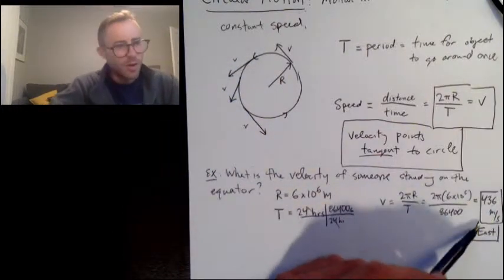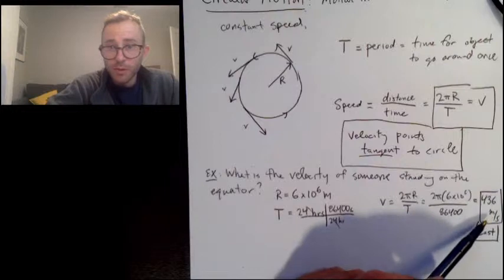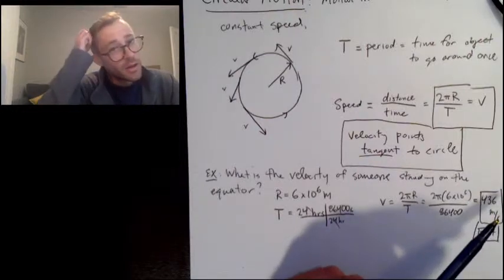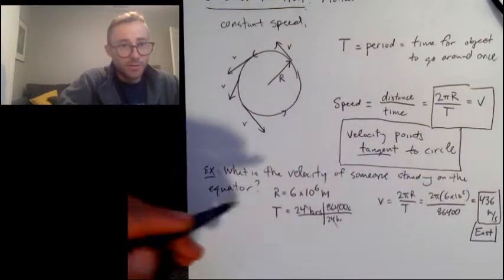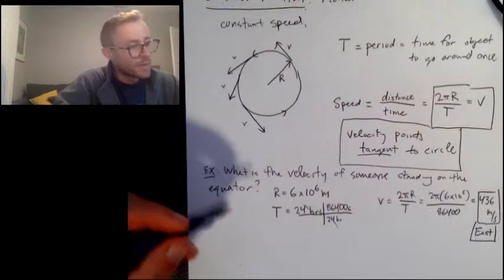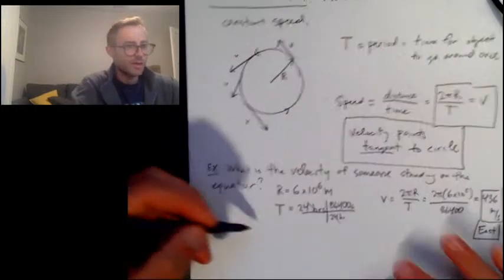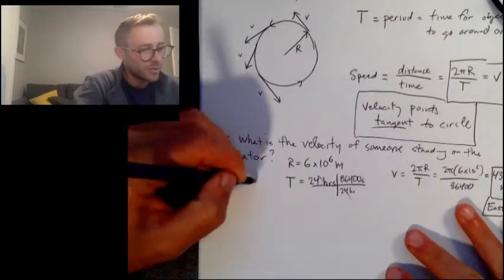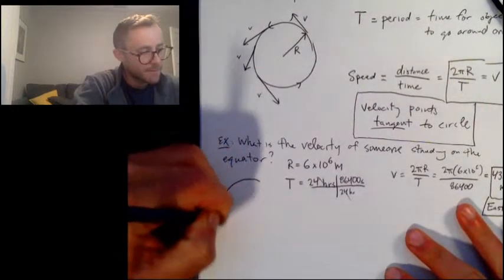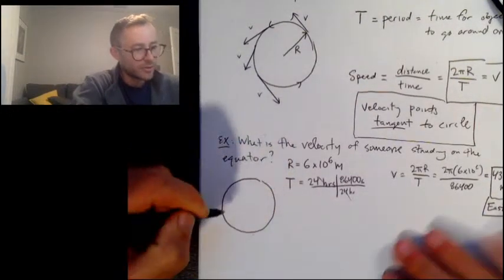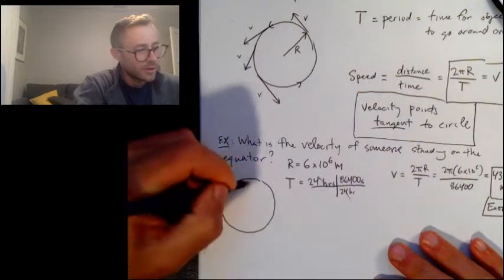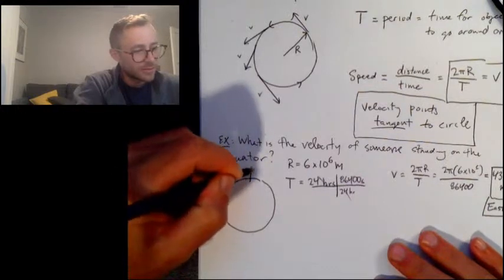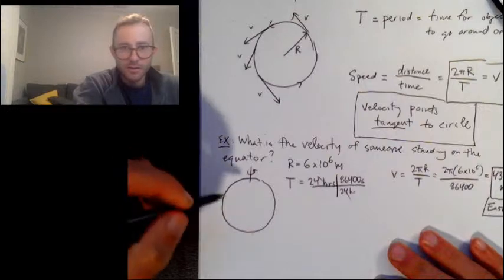So are we moving at 436 meters per second? No, we are not. Okay, we're actually going less than that. And so to understand why that is, just let me draw a little picture here. So let's suppose that this is the Earth, okay, and the Earth is spinning like that.